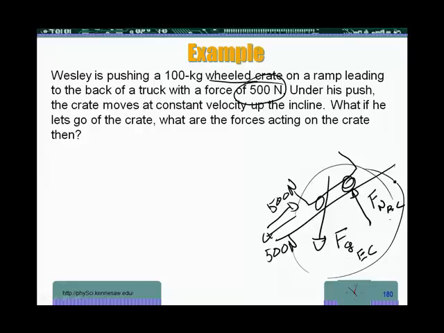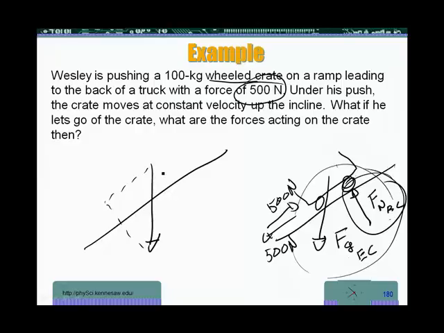Now, the normal force is perpendicular to the ramp. The fact it's perpendicular to the ramp tells us it's not going to contribute at all to any force parallel to the ramp. However, the gravitational force is along the vertical, and the vertical is both parallel to the ramp and perpendicular to the ramp.